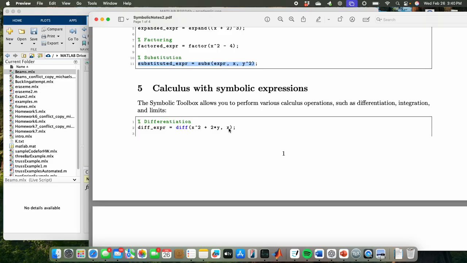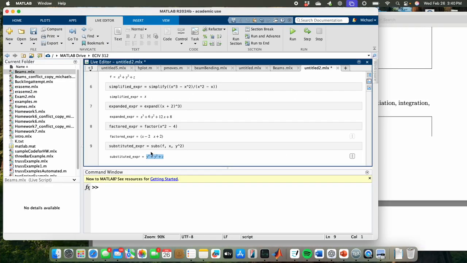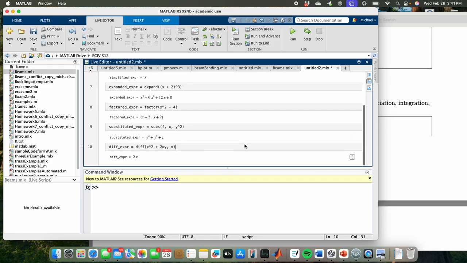If you want to take derivatives of stuff, that's what this command does. It takes the derivative. What's interesting is it's the same command that we used with numeric expressions, right? When we took the numeric expression, there was a command called diff, and diff returned the spacing in between elements. But built into the code somewhere, there's an if statement that says, if you use diff on a symbolic expression, take the derivative.